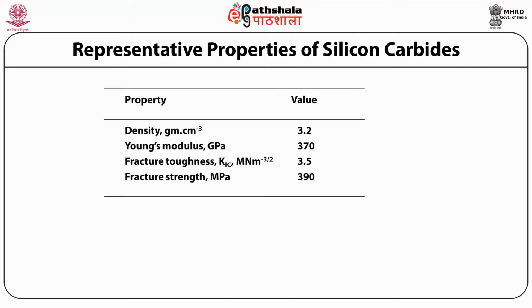So students, you can see the representative properties of silicon carbide. The density of silicon carbide is 3.2 gram per centimeter cube. The Young's modulus is 370 gigapascal. The fracture toughness is 3.5 mega Newton meter to the power minus 3 by 2, whereas the fracture strength is 390 megapascal.